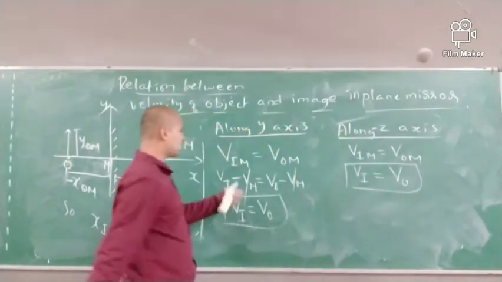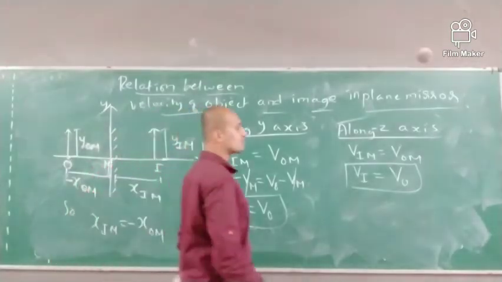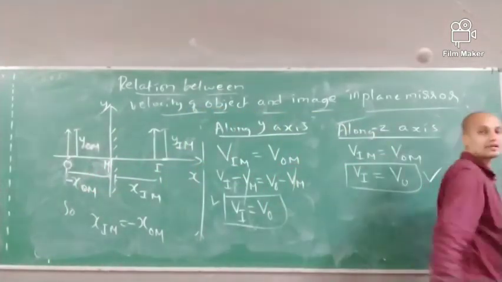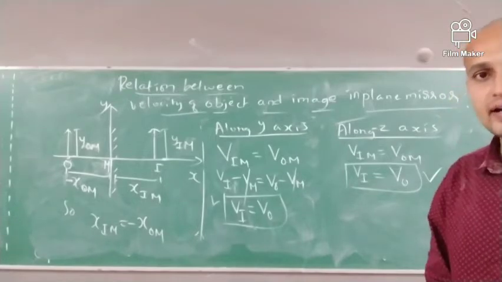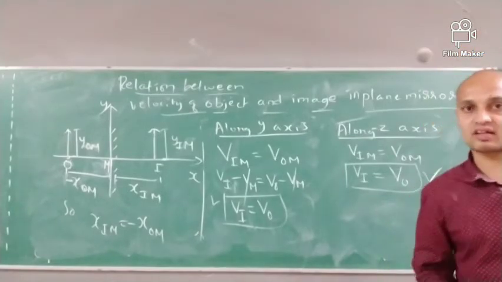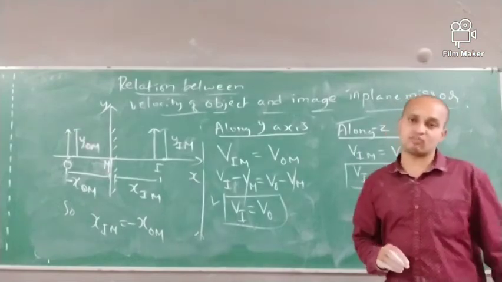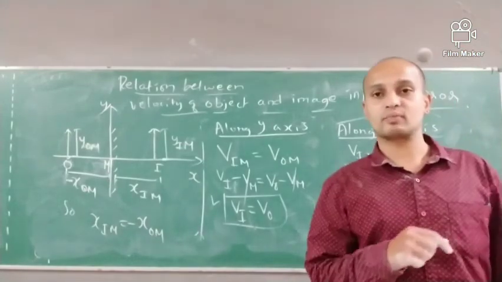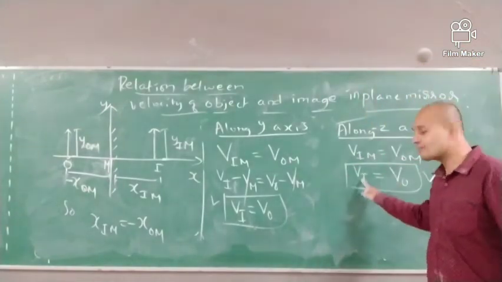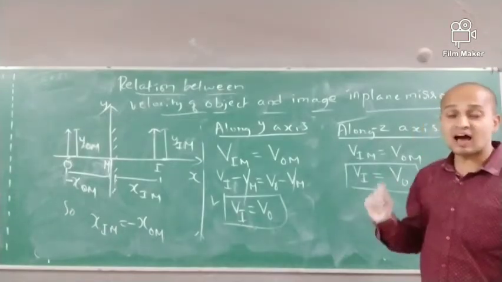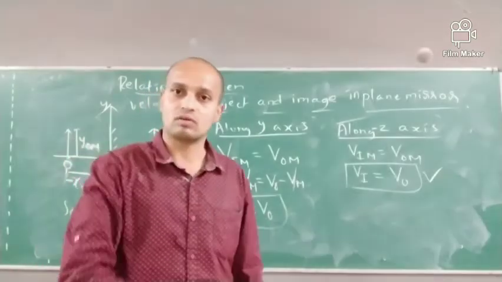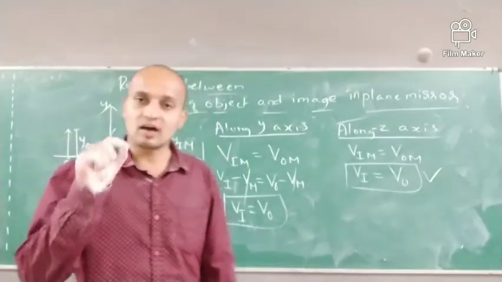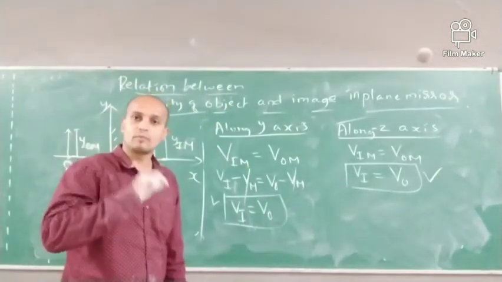Along y-axis and along z-axis, both remain the same. So we will try to solve some numericals on this. You will understand the concept of velocity of image with respect to plane mirror. When I write VI and VO, these are the velocities of image and object with respect to ground. Are you understanding?